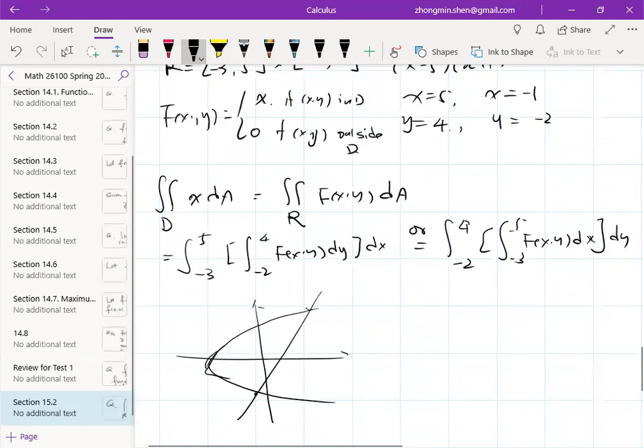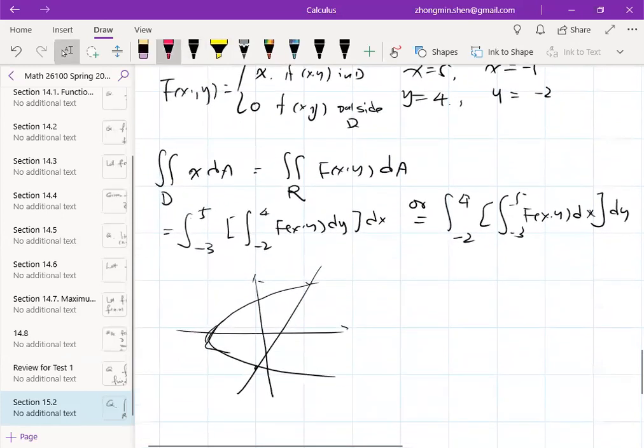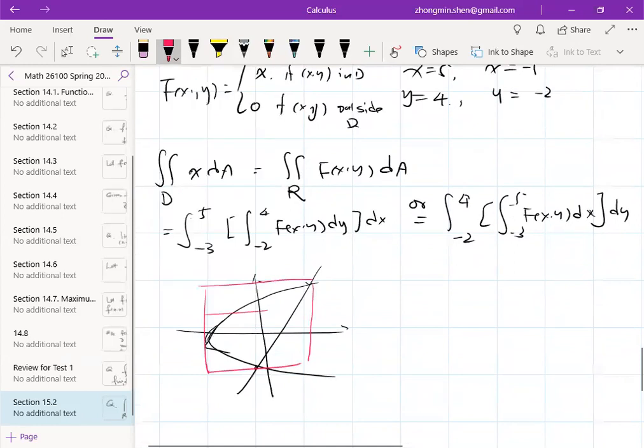I think for this particular picture we should use horizontal lines, because it's easy to see that for any fixed y, you can easily determine the range for x.